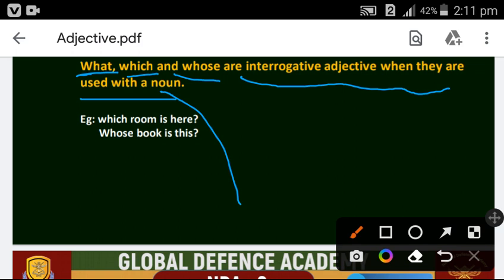Example: which room is here? Room is an example noun. Book is also an example of a noun. So whose, which are all considered as what? Adjective. Or which kind of adjective? These all come under interrogative adjective. Right? Okay.